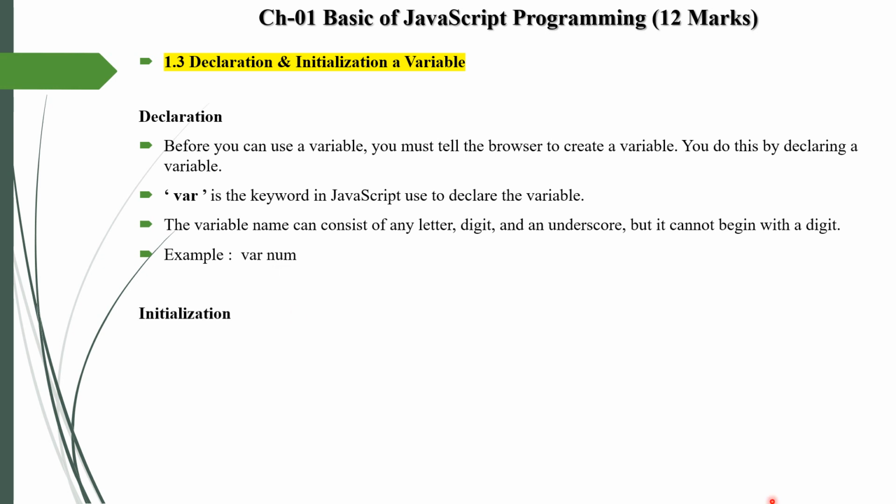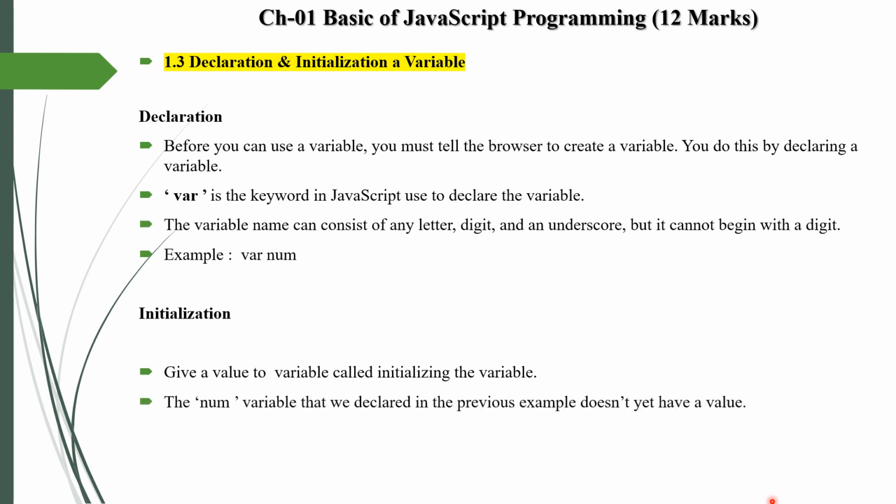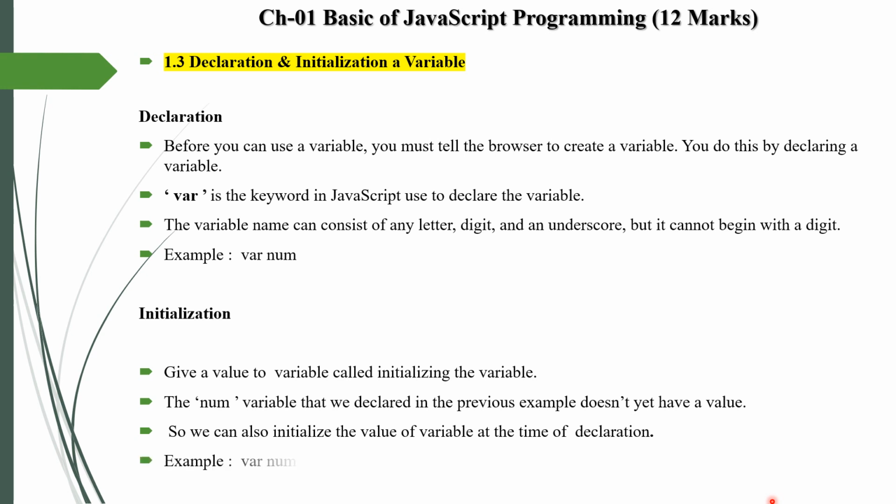Next we see initialization of variable. Giving a value to a variable is called initializing the variable. In the above example, the num variable that we declared in the previous example doesn't yet have a value. So we can also initialize the value of variable at the time of declaration.